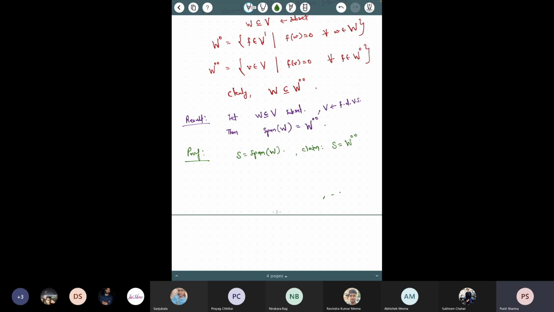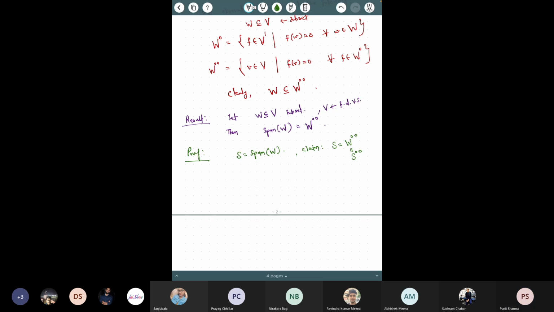Since S is the span of W, you can verify that W double annihilator is actually equal to S double annihilator. The annihilator of a set and its span are the same. So basically we have to show that S is equal to S double annihilator.